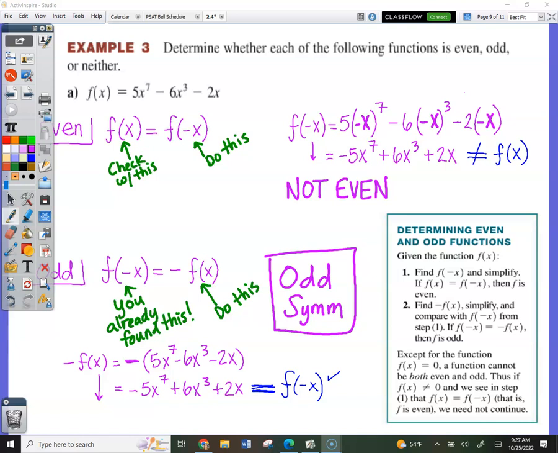Is that the symmetry in both x and y? Odd symmetry is plugging in x and y. If you have an equation that's not a function, it is plugging negative x in and negative y in.